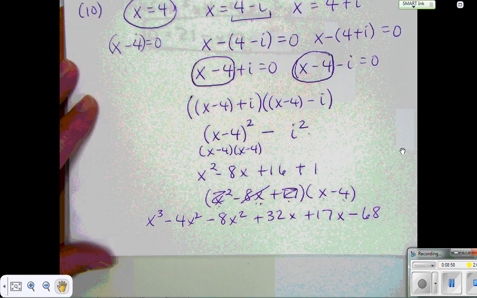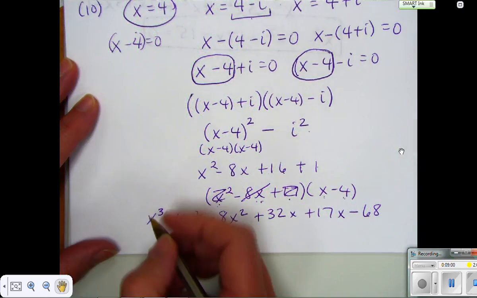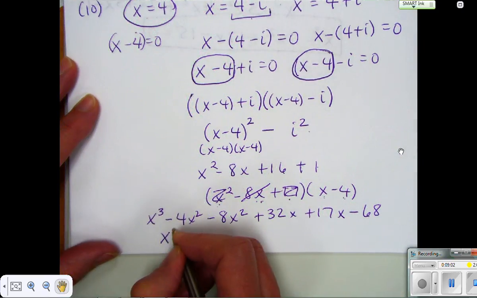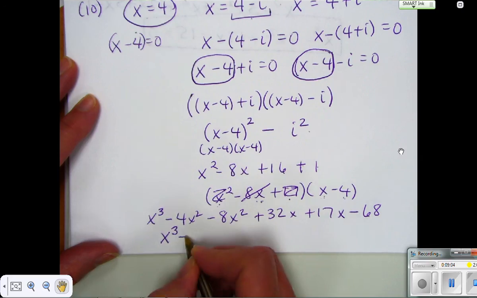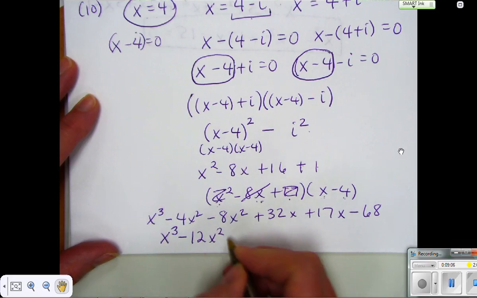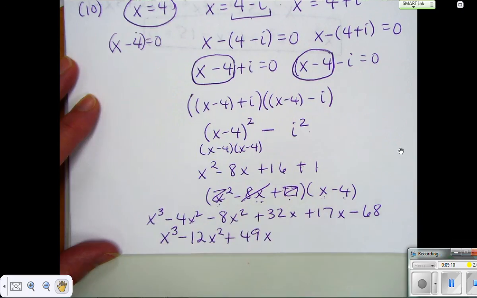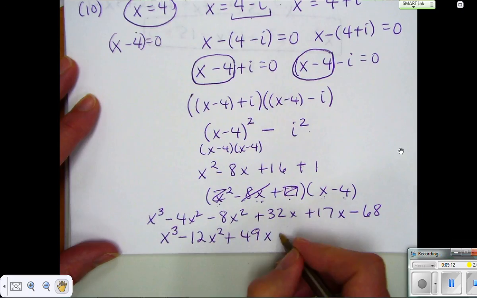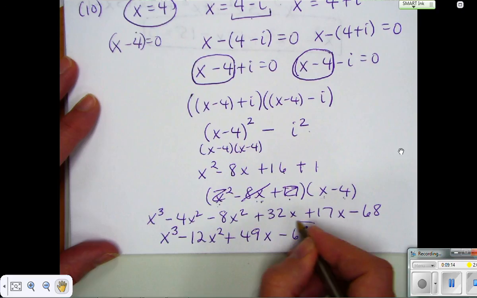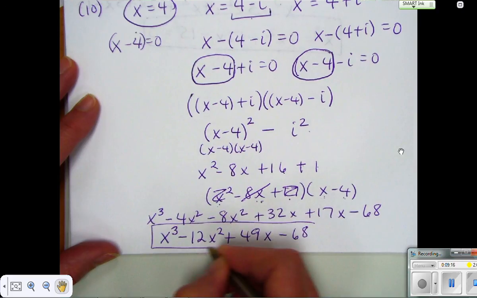So now I want to collect my like terms, and your polynomial is x to the third minus 12x squared plus 49x minus 68. And that is your polynomial that has the same factors.